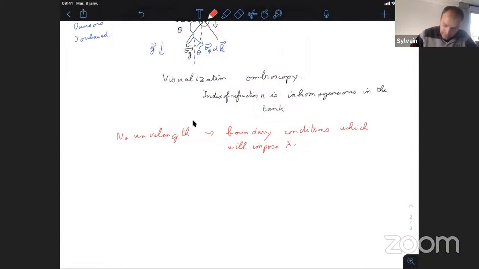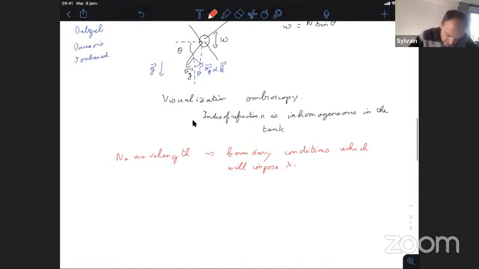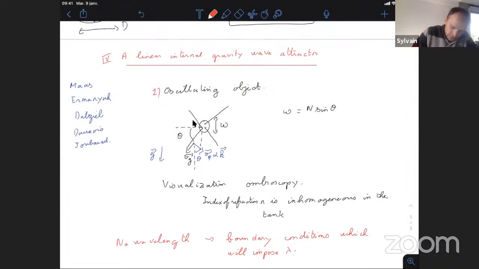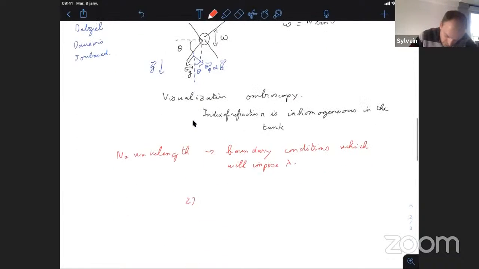The second part that is important for internal waves, and that I want to discuss, is internal wave reflection.